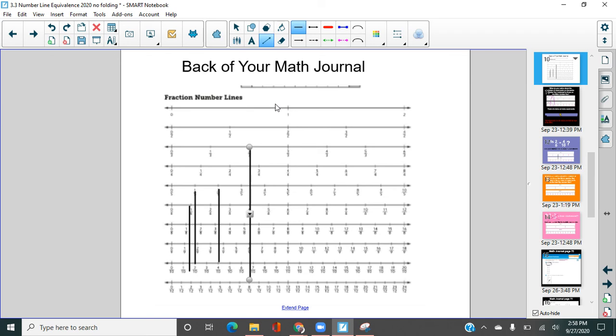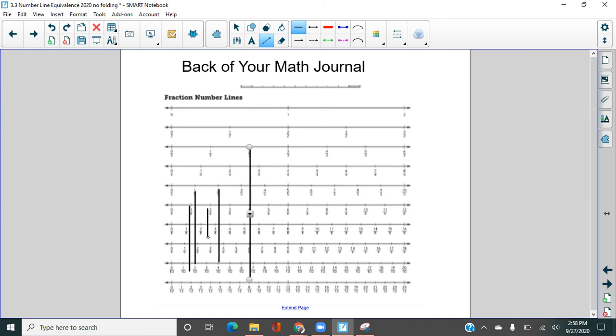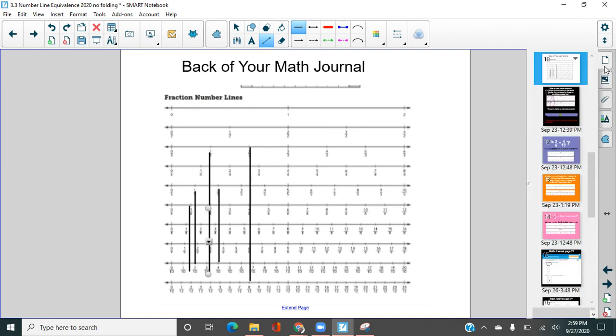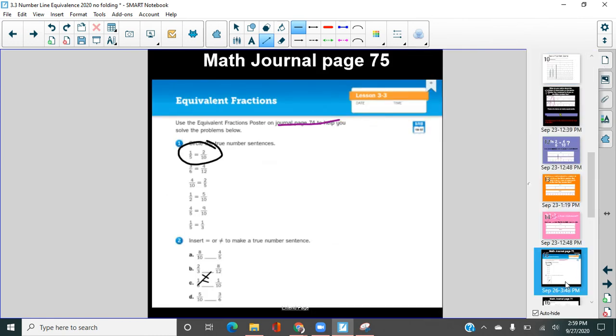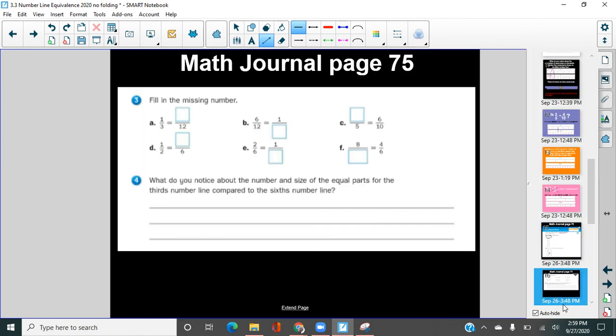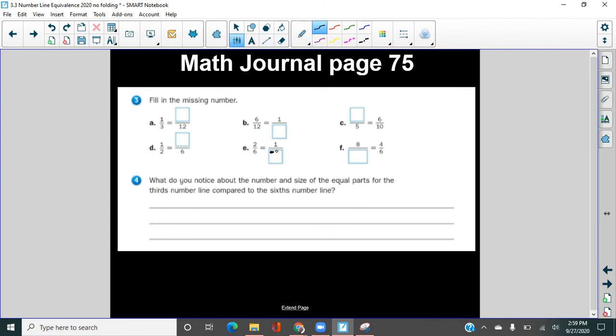So I can go down, and I see 3/9 and 4/10, but I can also go up, right? And I can see that 2/6 and 1/3 are equivalent fractions exactly. So then I would need to fill in the bottom number here.